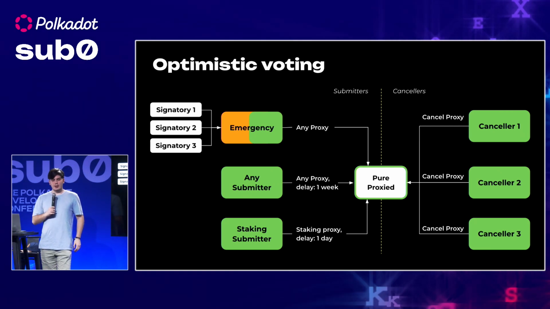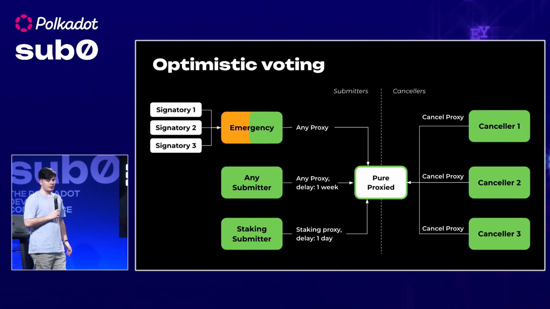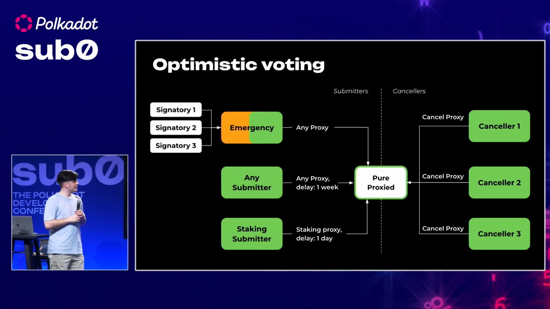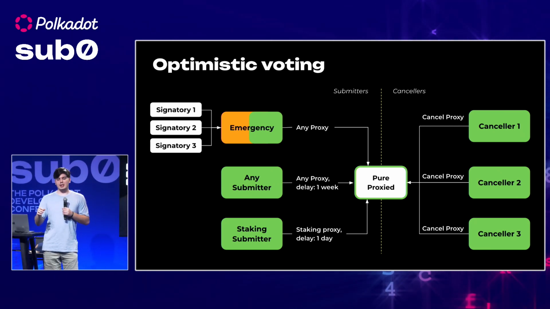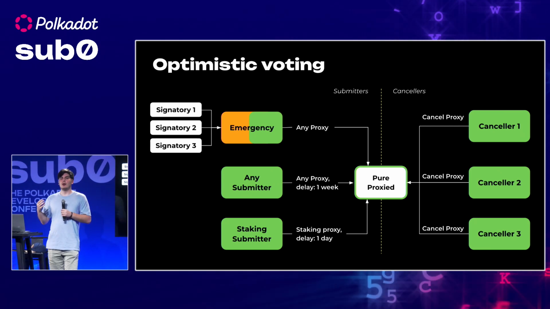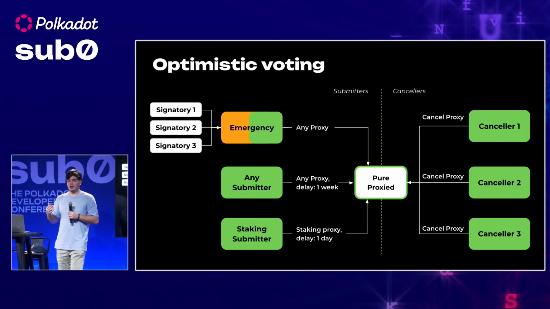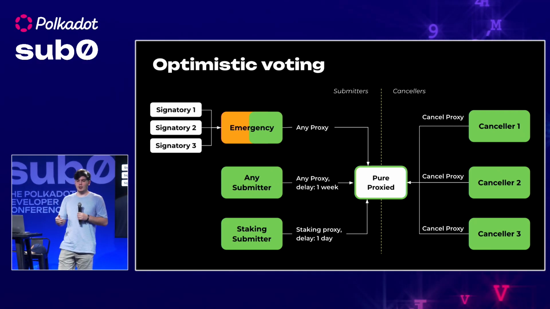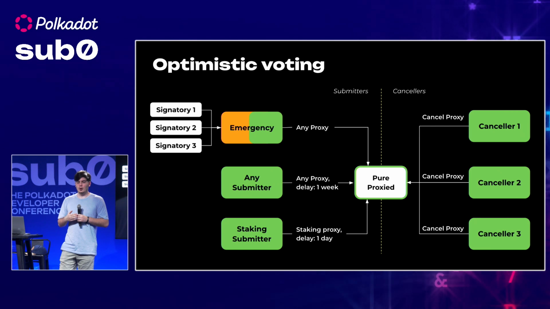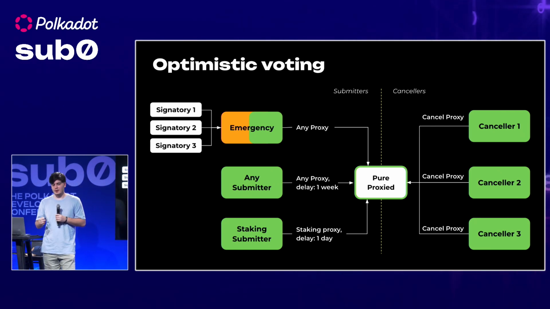And the beauty of any proxy with a delay here is that we can set up multiple permissions with multiple delays depending on the destructiveness of the operations. So, for example, we can have any submitter, but with a delay of 1 week, because doing any operation is destructive in a general sense.